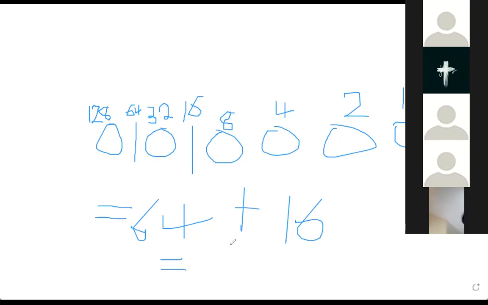The number you get is the representative for that particular portion of the IP address. Please, any question? Do you understand it now? Yes, sir. Okay.